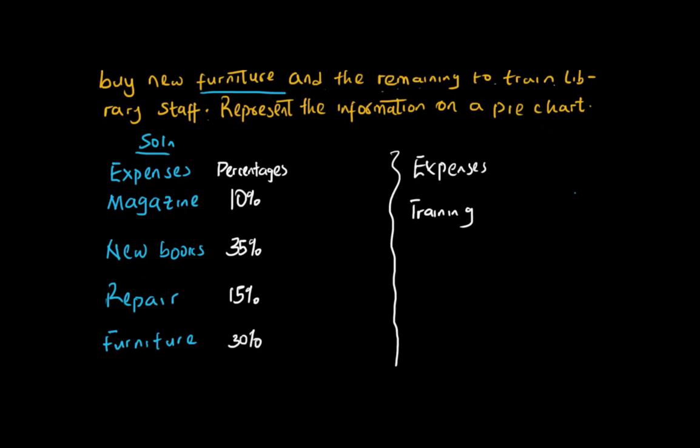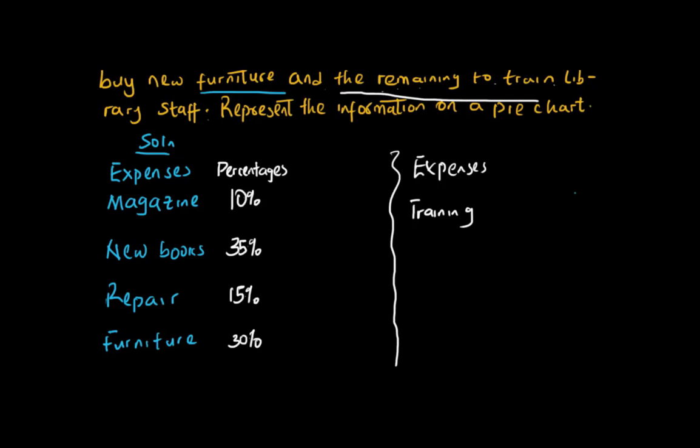Now the question above is actually a WAEC question, but I just put a twist on it to make it a bit more difficult so that I can show you something. So in this case we're told the remaining was used to train library staff, but we're not told what exactly. But we know that percentages usually add up to 100. So all we need to do is to add what we're given and subtract it from 100.